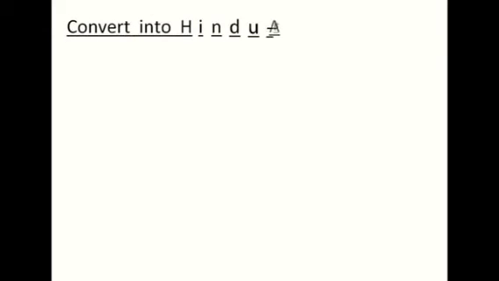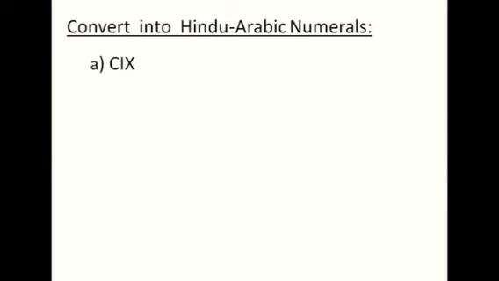Now we will convert Roman numerals into Hindu-Arabic numerals. First, I want to take one example, then I will explain. Here in this example, it is written CIX. So looking at the example, you have to think how to do it. If I ask you what is the value of C, you know it is 100.